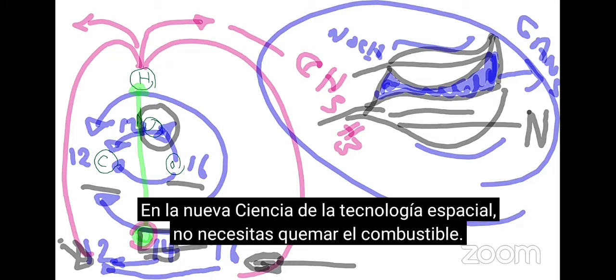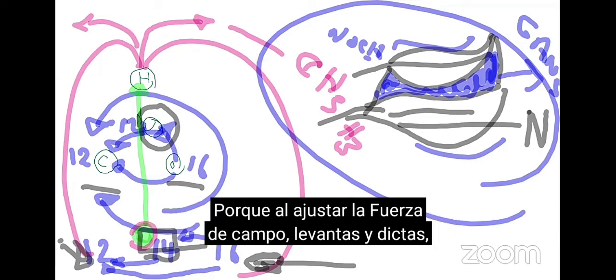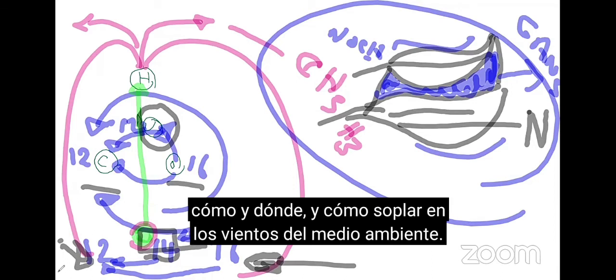In the new science of space technology, you don't need to burn fuel, because by adjusting the field strength you lift, and you dictate how, where and how fast to blow in the winds of the environment.